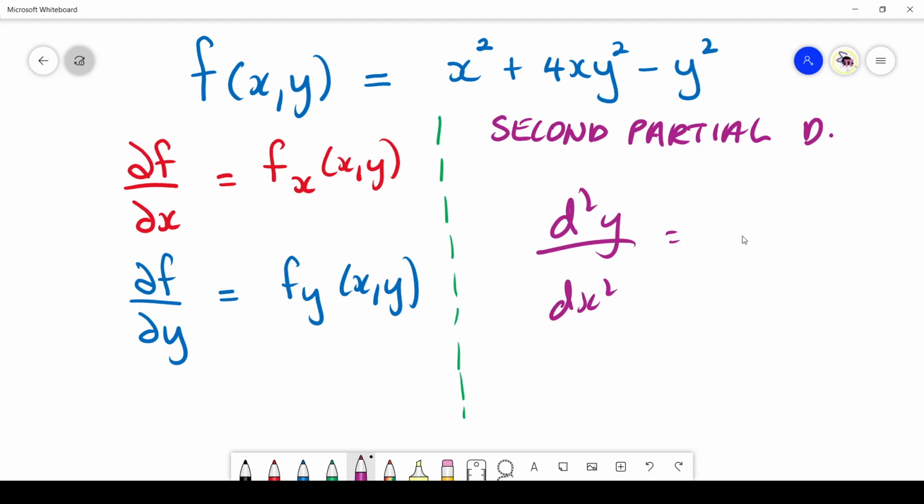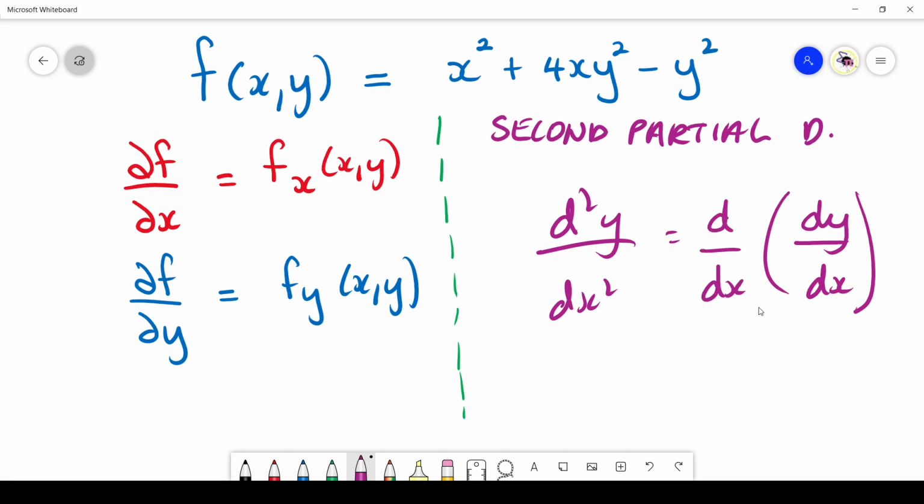It's like when you find dy dx when you're differentiating, and if you differentiate that a second time with respect to x, you would get d2y dx squared. Well, that same principle applies when you're trying to differentiate something partially. It's just that because we have multiple variables we can set constant, we actually have 4 possible types of second partial derivatives that I'm going to show you on screen.